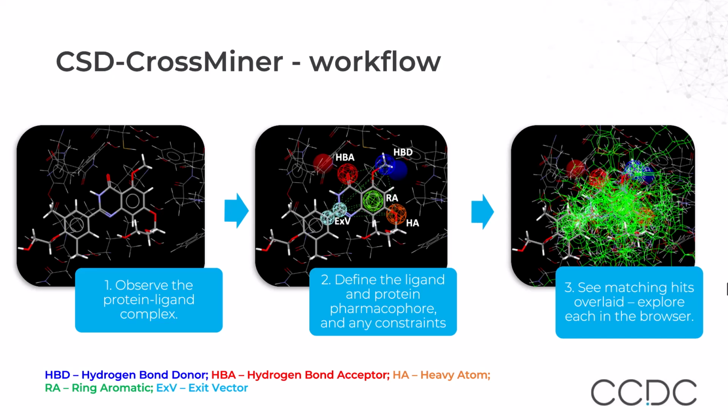What you're doing, you define the ligand and protein pharmacophore and any constraints you desire, and then you run the search and find some compounds which have the activity to the target but have some different properties.